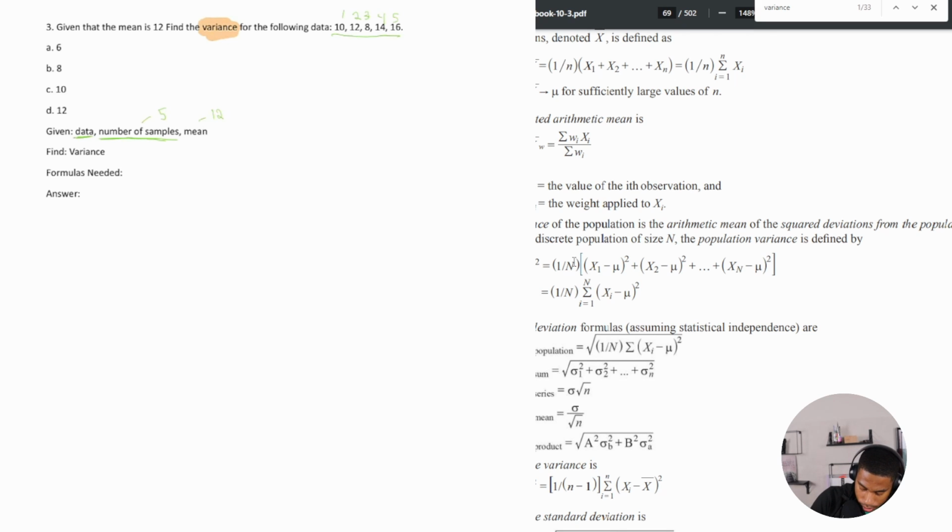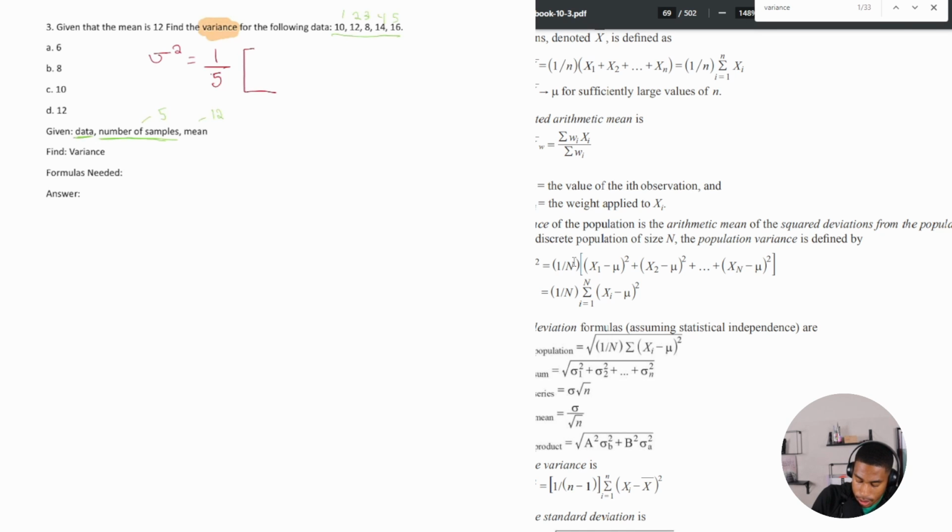So variance is equal to 1 over n, or just go ahead and write it out. What is n? N is 5. 1 over 5 times brackets. What's my x1?